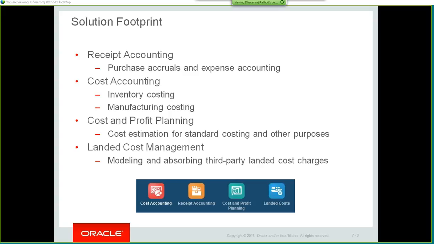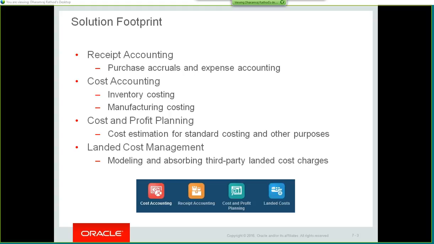So cost and profit planning would help you to estimate the standard cost. And you can simply subscribe to cost and profit planning if you are using it only for planning purposes. And if you want to use the standard cost in your enterprise or in your organization, you need receipt accounting, cost accounting, and cost and profit planning.